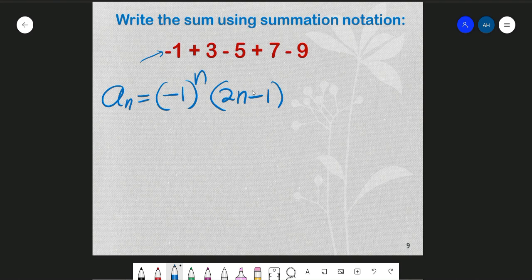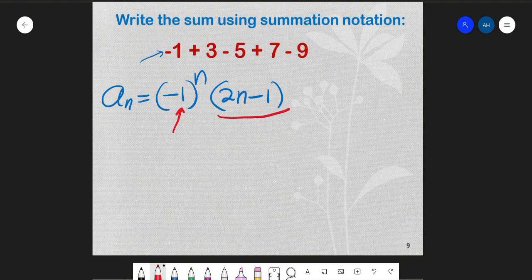So this component up here will take care of the sign changing from negative to positive, from positive to negative, and so on. This part here will take care of the sequence of the numbers. All right, so we already have the sequence in terms of an, the formula we have it already.